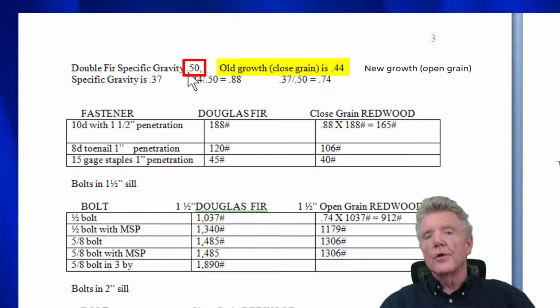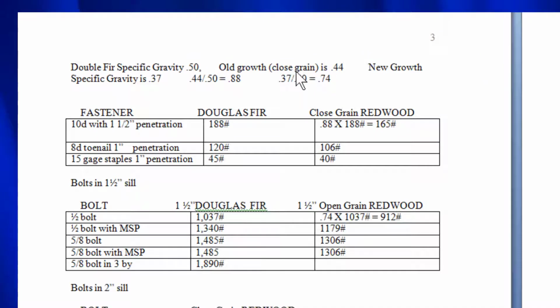We mostly use old growth redwood, which is called close grain redwood, or we use open grain redwood, which is your newer stuff, about 1945 on. You can tell because it's only 1.5 inches thick rather than the full 2 inches that you see in the old growth. The old growth close grain redwood is 0.44. The new growth redwood is at 0.37.